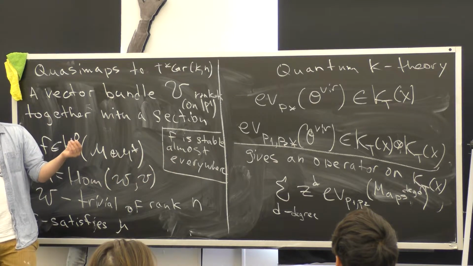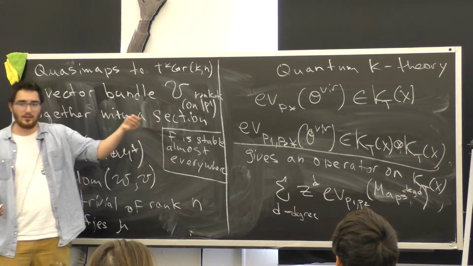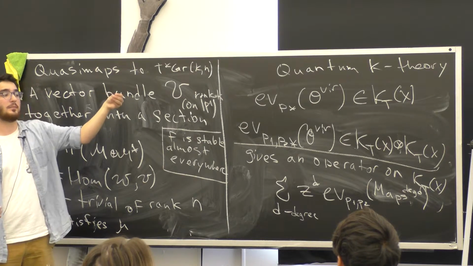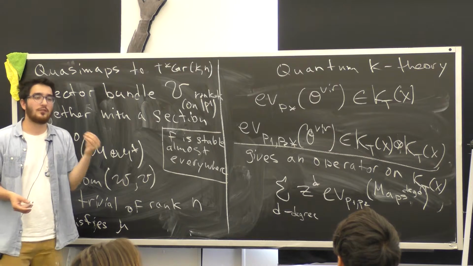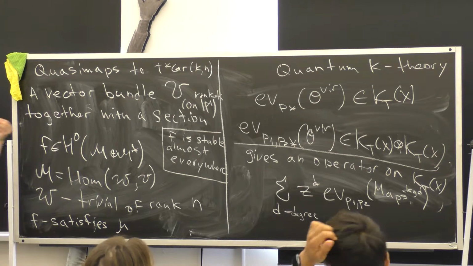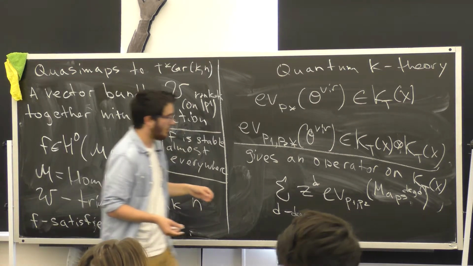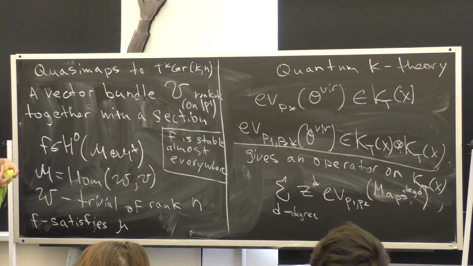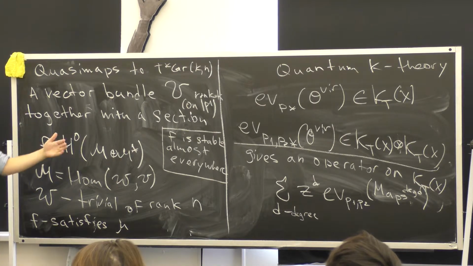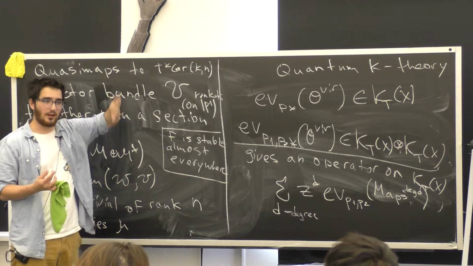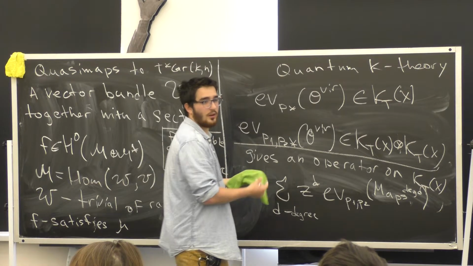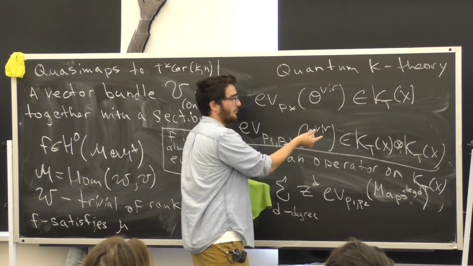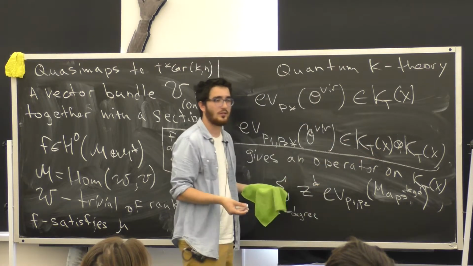So if you fix a point on P1, you'll definitely at some point find a quasi-map that is not stable at that point. So there is no evaluation map at a point p. It maps to the stack quotient, but not to the Nakajima quiver variety. And we need the actual maps to the Nakajima quiver variety if we want to construct an operator here.